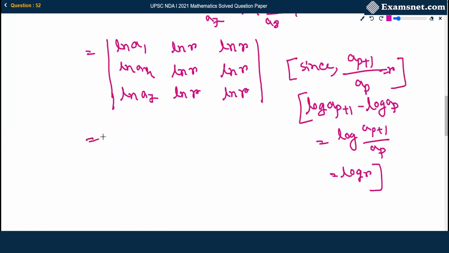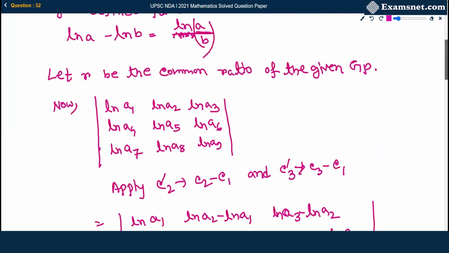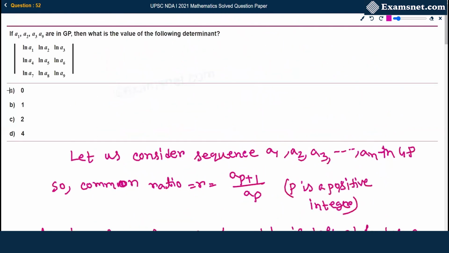Since here two columns are the same, the value for this determinant will be 0, because if there are the same elements in two columns or two rows in a determinant, it becomes 0. So C3 equals C2. So the value for this determinant is 0. Option A is the correct one.